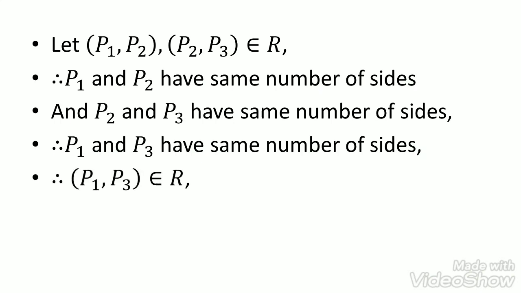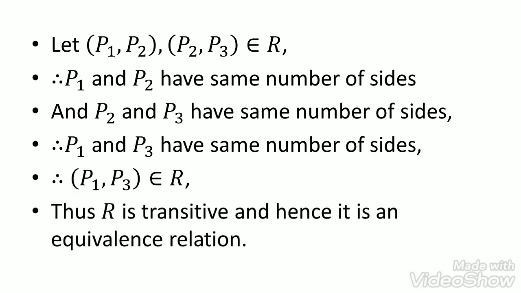Because P1 and P3 have the same number of sides, therefore (P1, P3) belongs to R. So what we get: if (P1, P2) belongs to R and (P2, P3) belongs to R, therefore (P1, P3) belongs to R. Hence R must be a transitive relation, and consequently we can say that R is an equivalence relation.